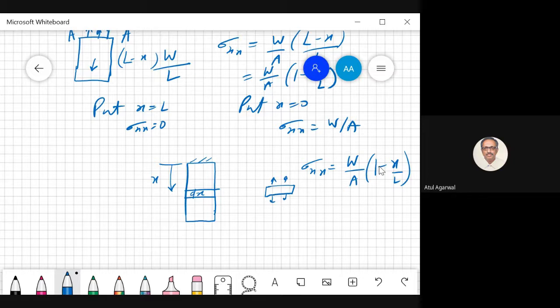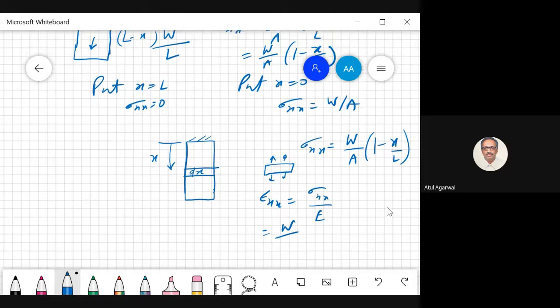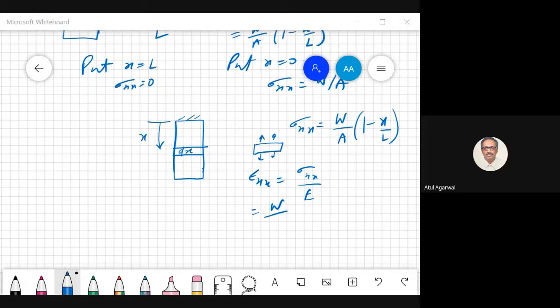So what is strain? Strain you know is stress upon E. So you will get W by AE into 1 minus x by L. This is a strain. What is the change in the length of this element of thickness dx?